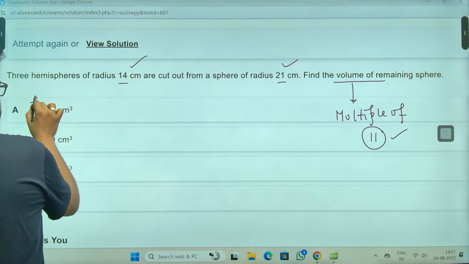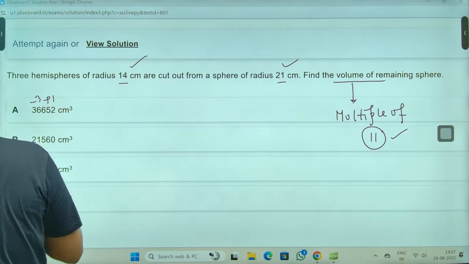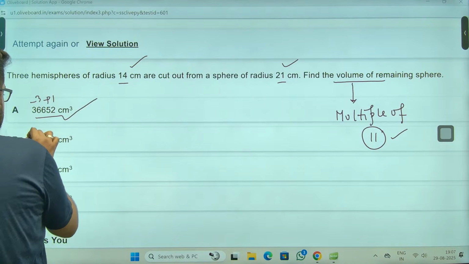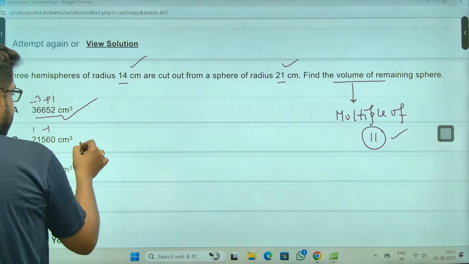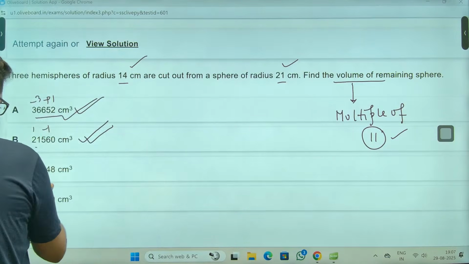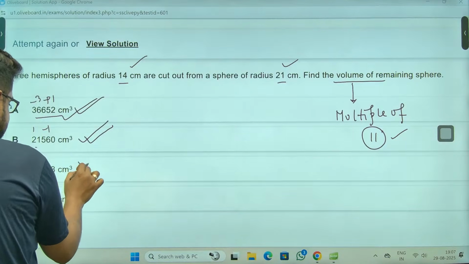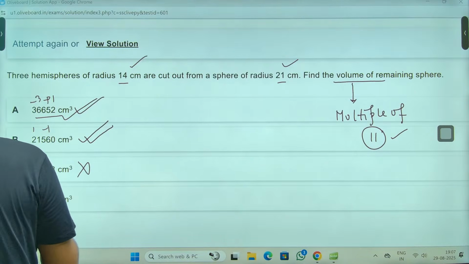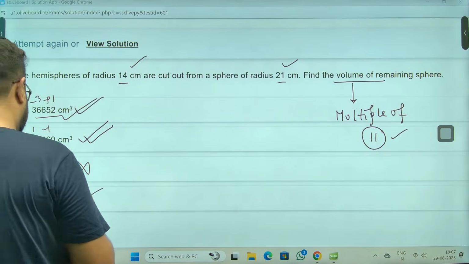Minus 3 plus 1 is a multiple of 11, most probably this is the answer. This one can also be the answer, two multiples of 11. This one, minus 6, is not a multiple. Minus 3 plus 3 is also a multiple of 11.